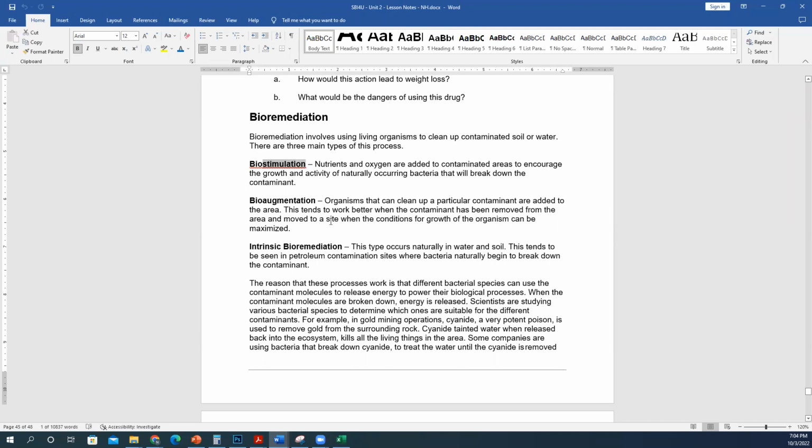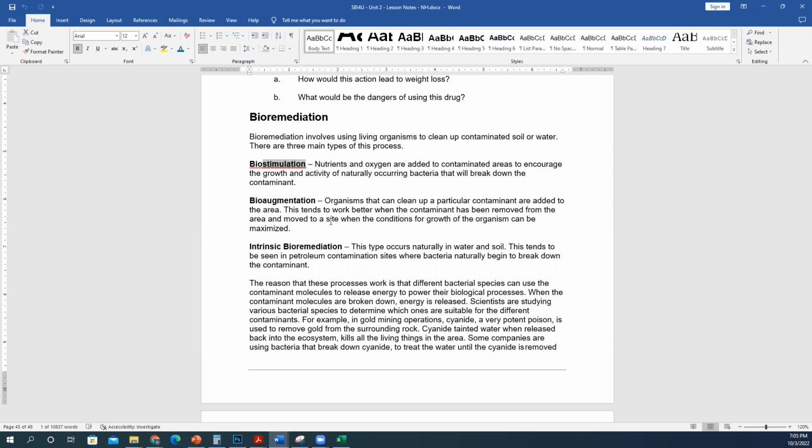Then we have bioaugmentation. So here you have organisms that can help to clean up a particular contaminant, and you add these to the area. So you're augmenting, or you're adding something.